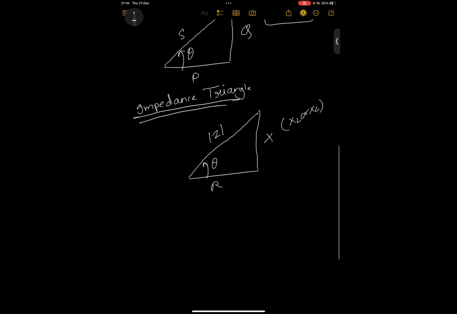So always remember one thing, that is Q equal to 0 for resistive load, means only resistance is given, that is resistive load. So power factor is unity 1.